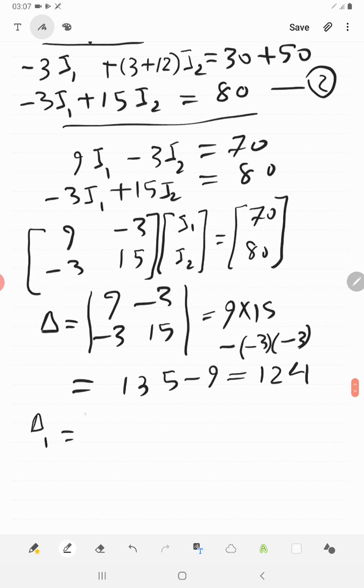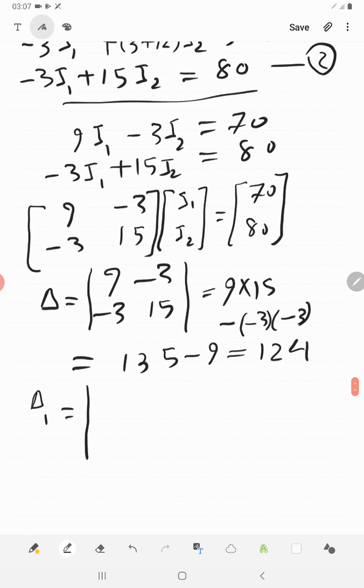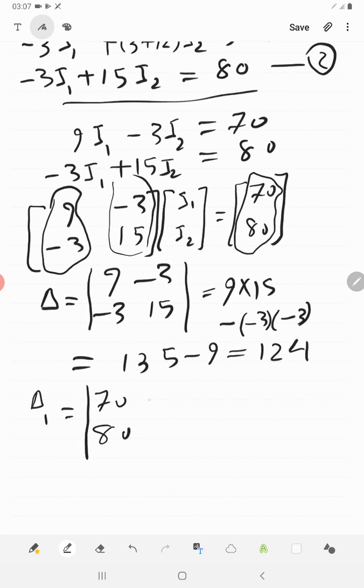Now, how do we find delta 1? For delta 1, we replace the first column, which is 9 and minus 3, with the column 70 and 80, and we keep the other column, minus 3 and 15.